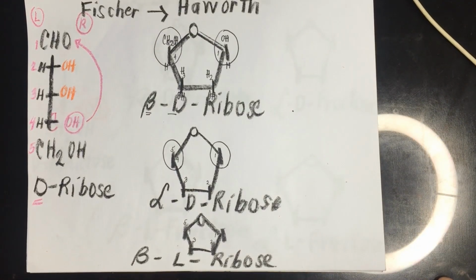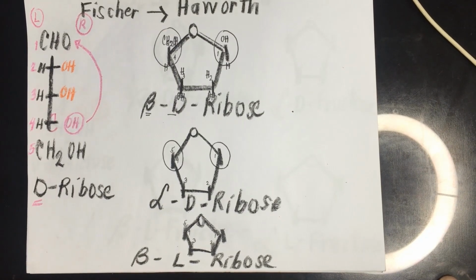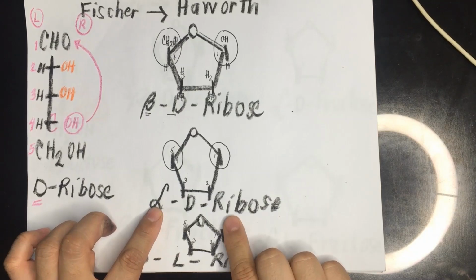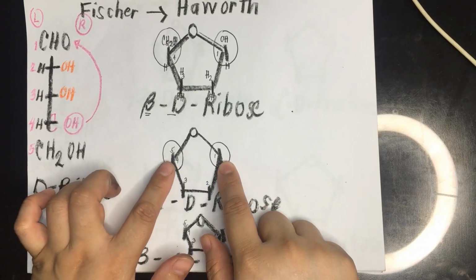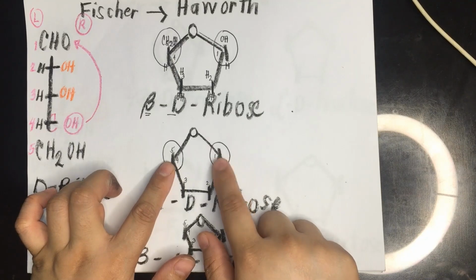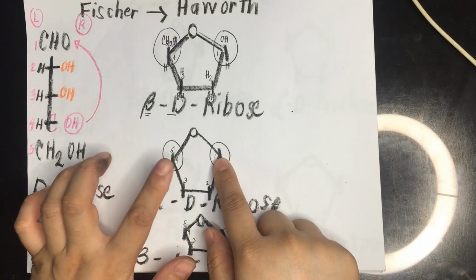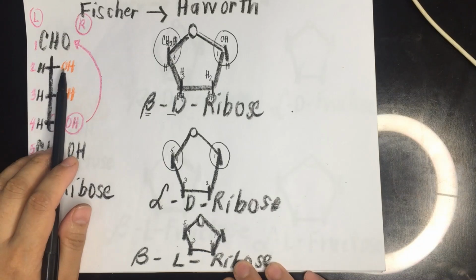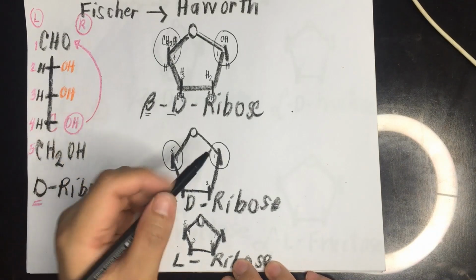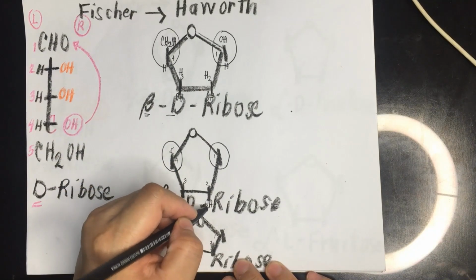Next, we will answer the alpha-D-ribose. In the alpha-D-ribose, as stated, we are going to answer the last two carbons, that is, the first carbon and the fourth and fifth carbon atoms. Same as before, we get carbon number 2 and place the hydroxyl group below since it is located on the right side.